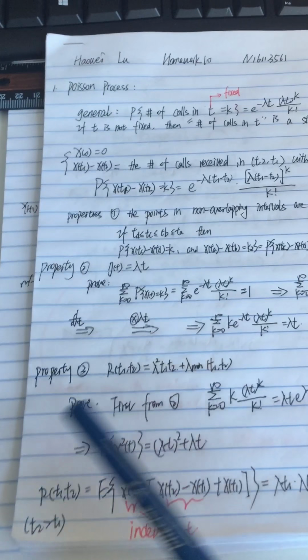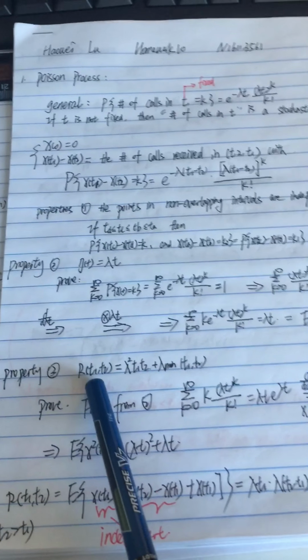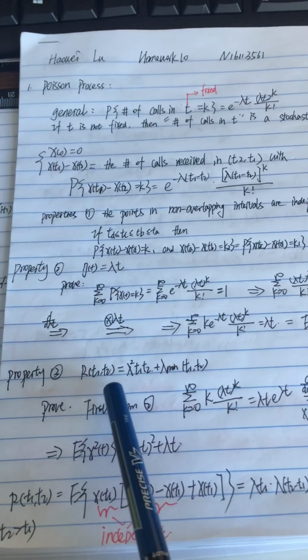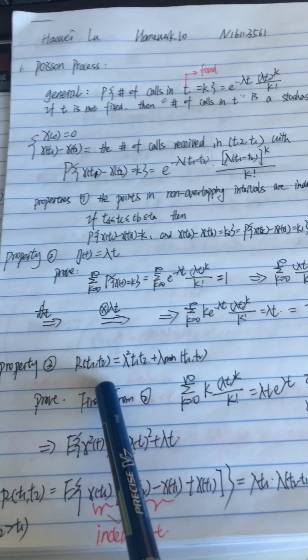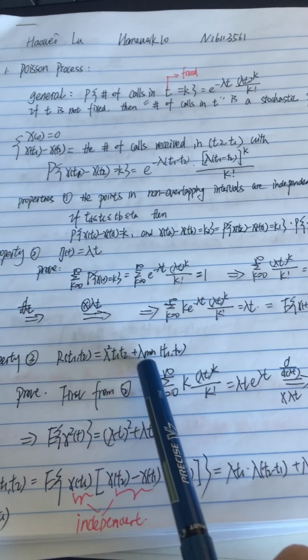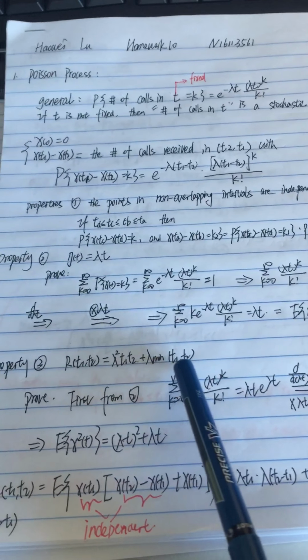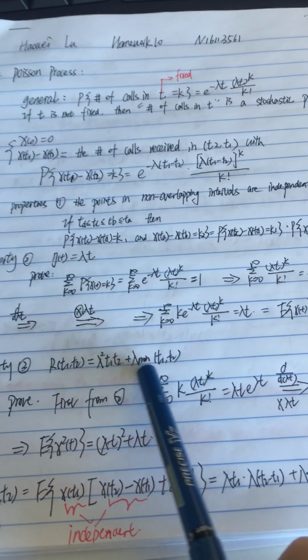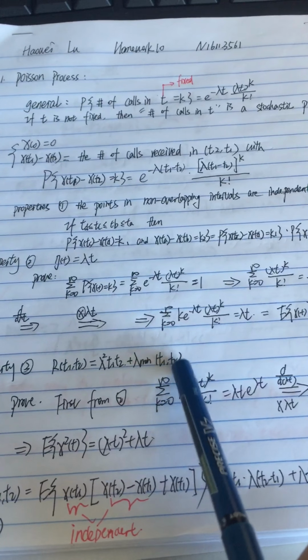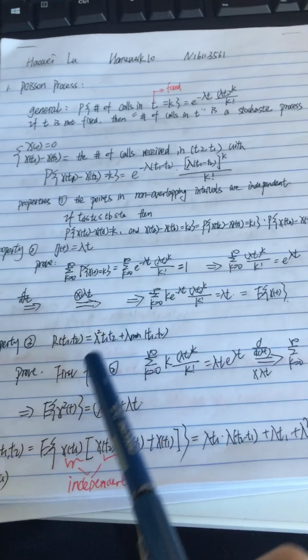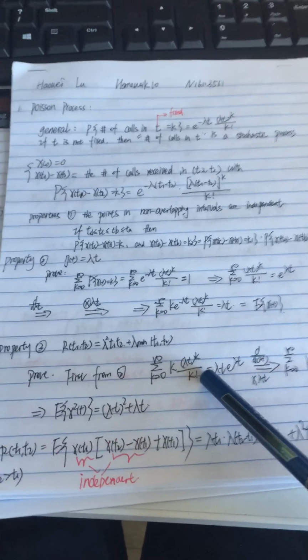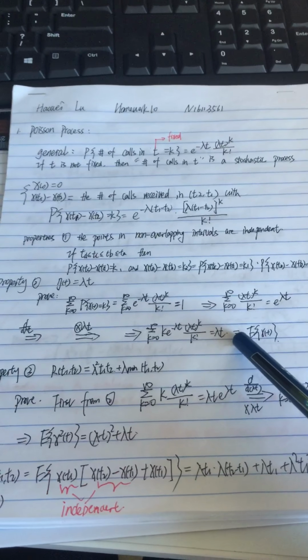And the property 3 is that the correlation R(t1, t2) is equal to lambda squared t1 t2 plus lambda multiplied by the minimum of t1 and t2. In order to prove it, we base on the former properties.